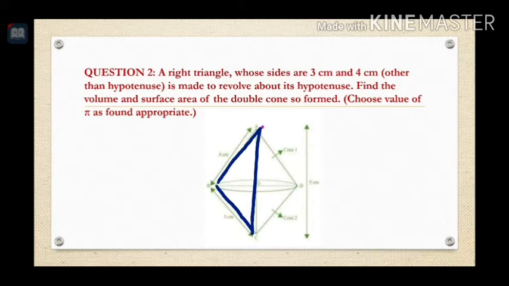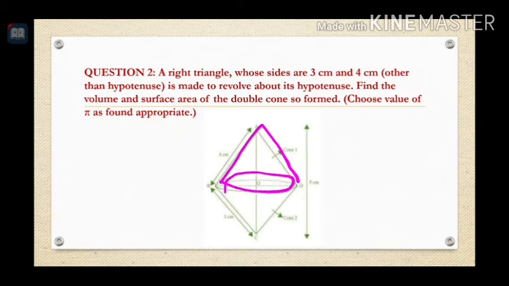You have to revolve this triangle with respect to this hypotenuse. When you revolve this figure with respect to the hypotenuse, it will make a double cone. One is this upper one and another one is this.